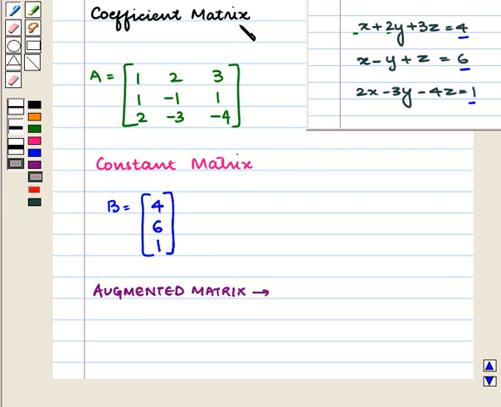Using the coefficient matrix and the constant matrix, we can form a new matrix called the augmented matrix in the following form.